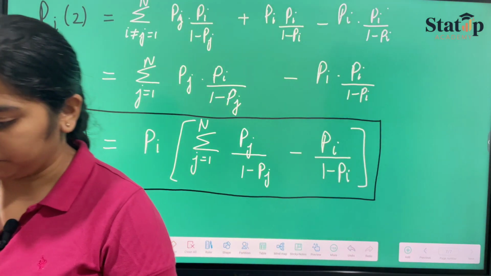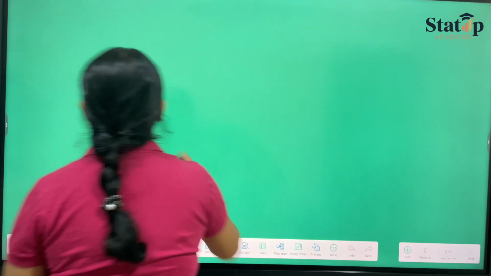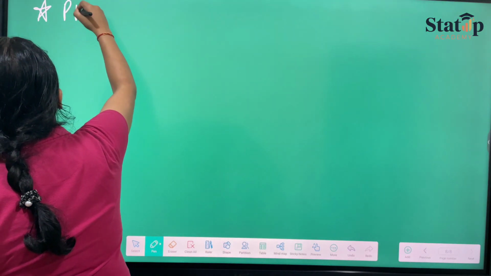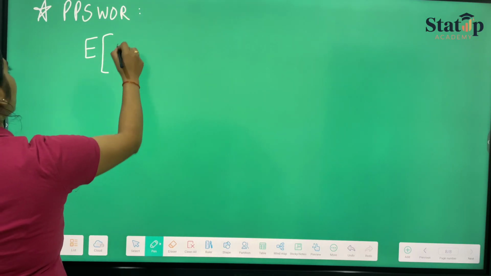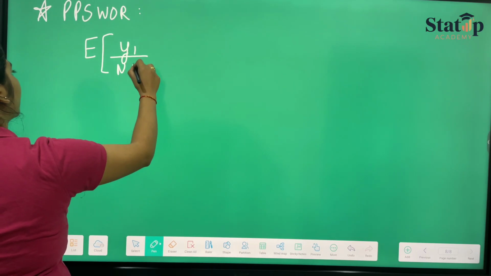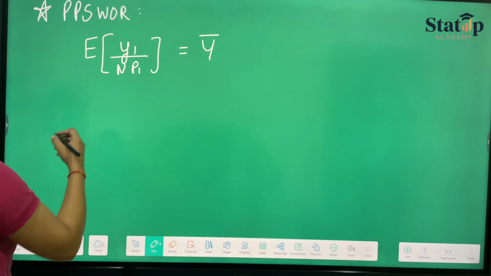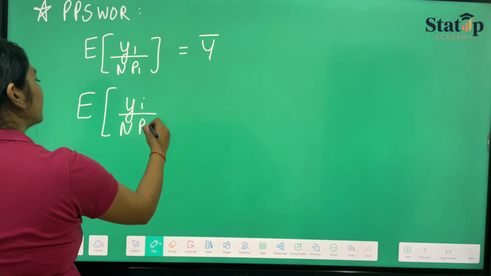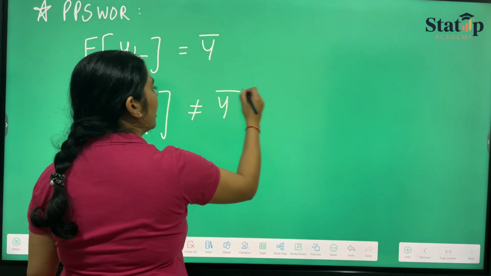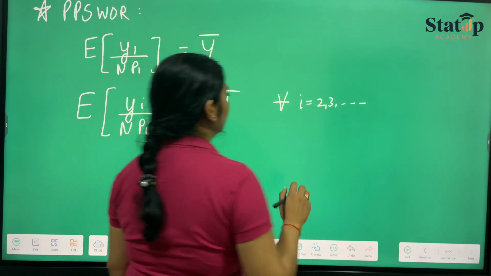Now one more thing is there. Here in PPS WOR, we see that the estimator y1 upon np1 is equal to y bar, which is the population mean, and the estimator yi upon npi is not equal to the population mean for all i from 2, 3 and so on, not for 1.